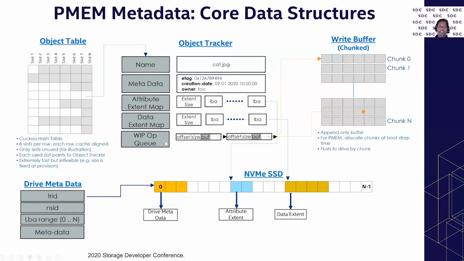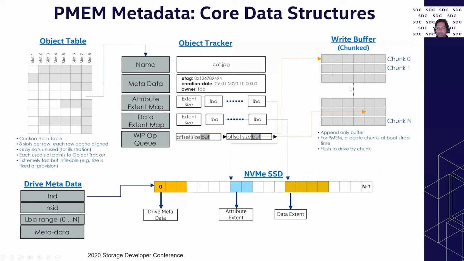All the pending operations for a given object get tracked in the op queue. And these op queue buffers may point to, especially for inserts and deletes, the write activity that may be tracked. If they're buffered in the write buffer, it needs to point to the write buffer.